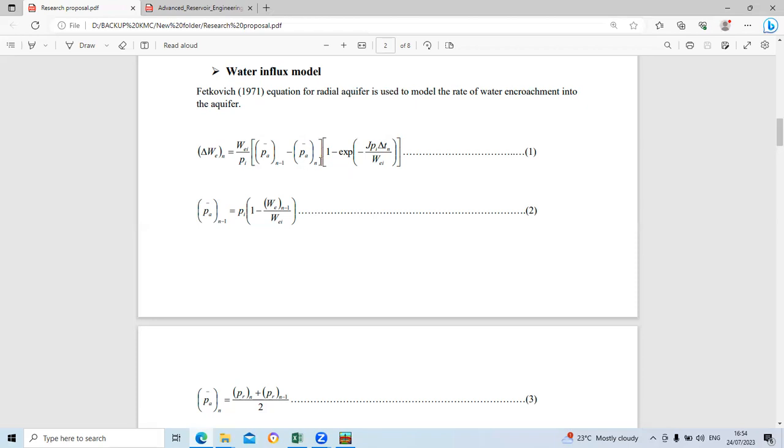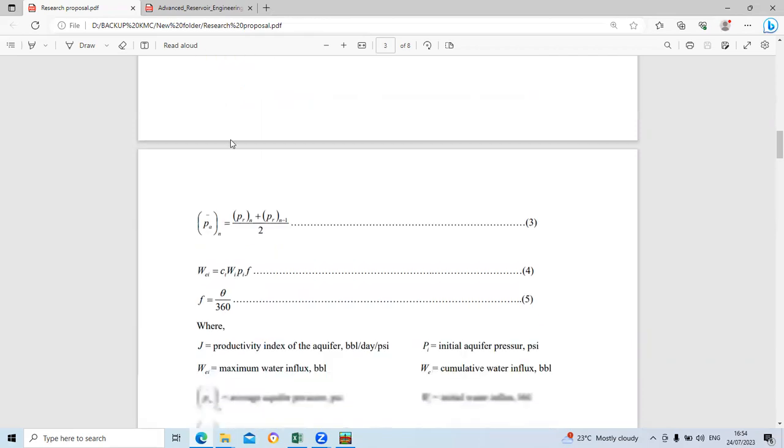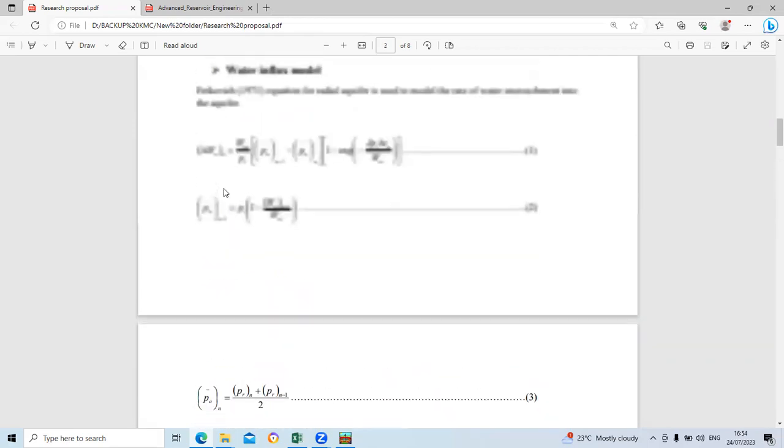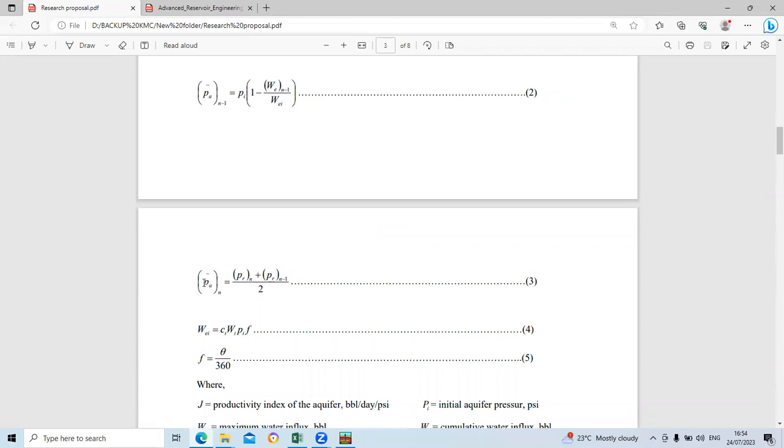Then you can calculate the average reservoir pressure at any time, which is the pressure at time 0 plus the pressure at any given point in time, divided by 2.